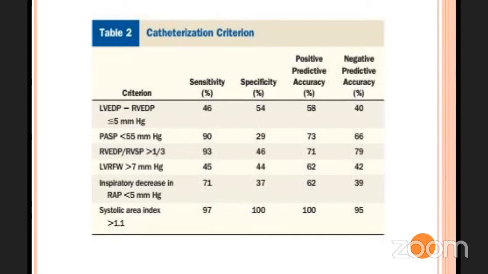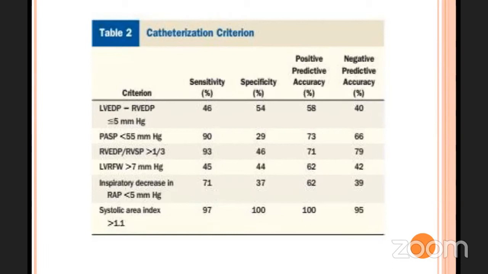That means in 30% of the people there was a decrease in the inspiratory RA mean pressure, even though the patient has constrictive pericarditis. So coming back, the most important, most sensitive and specific criterion for diagnosis of constrictive pericarditis by catheterization is the systolic area index, which has a very high sensitivity, specificity, positive predictive value, and negative predictive value.